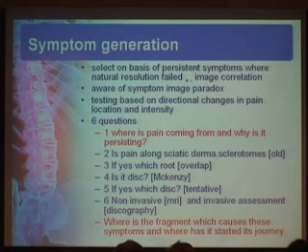If it is the disc, which disc is affected? And we do a non-invasive and then an invasive assessment of the morphology of the disc. And then we make a mental guess or a guess on the image, where is the fragment which is causing these symptoms and where has it started coming out of the disc.